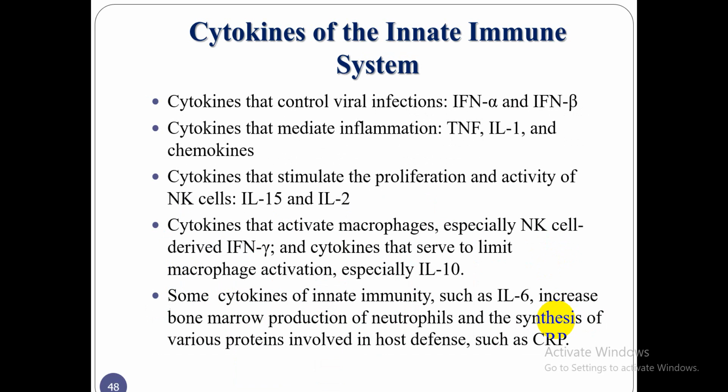Other components of the innate immune system are cytokines. Some of the cytokines are more prominent in the innate immune system. For example, cytokines that control viral infections, like interferon alpha and interferon beta. Cytokines that mediate inflammation are TNF, interleukin 1 and chemokines.